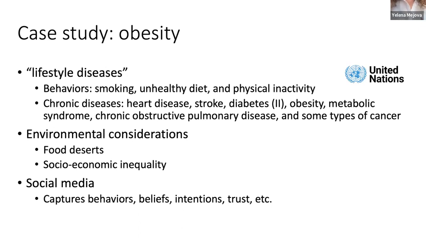But this is an interesting thing to study because it has not only personal, but also societal and environmental aspects, right? If I live in a wealthy place with a nice grocery store nearby, it would be maybe very different than if I live in, I don't know, in the middle of nowhere with nothing but a pancake house nearby.